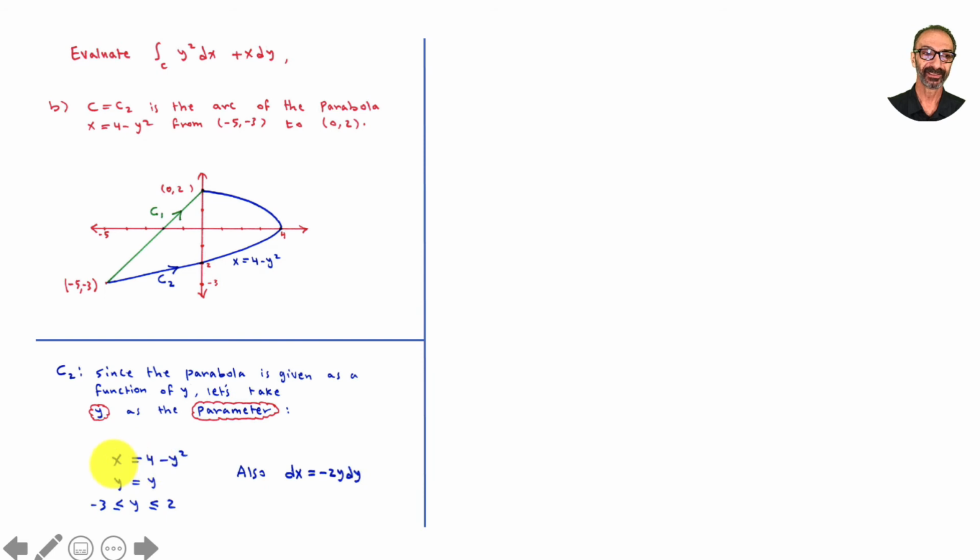Now if you find dx/dy, it's minus 2y, or differently, dx equals minus 2y dy. We're going to change dx because our focus is on y as a parameter. Everything should speak y, and the integration should be with respect to y. Here we go. This will be replaced. This will be replaced.